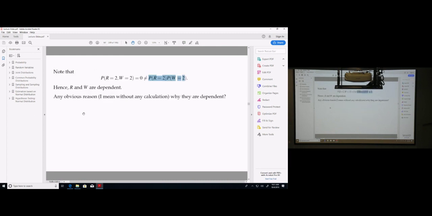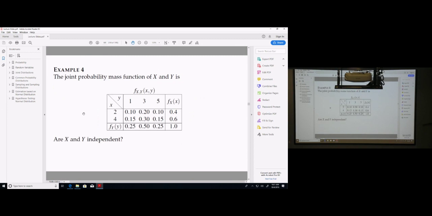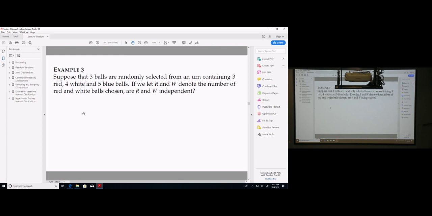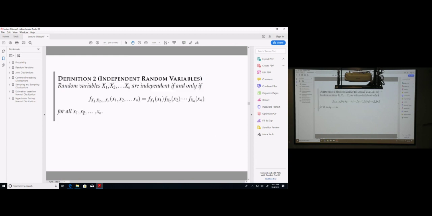Have we defined not independent? Okay, so I think we should add in a definition saying that x1 up to xn are dependent if they are not independent. So it's a dichotomy.